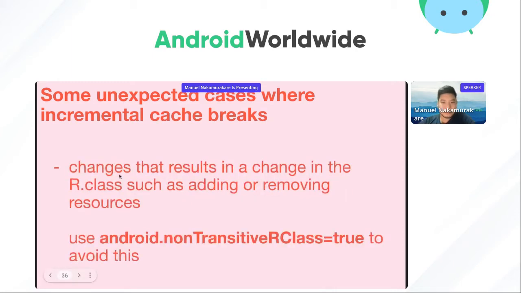We found that any changes that result in a change in the R class, such as adding or removing resources, were also causing the incremental cache to break. But for this, you can currently use this flag, android.nonTransitiveRClass, and set it to true. That way you can avoid that.